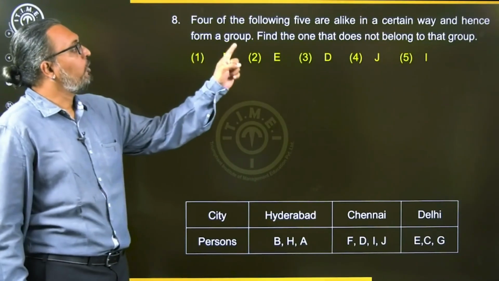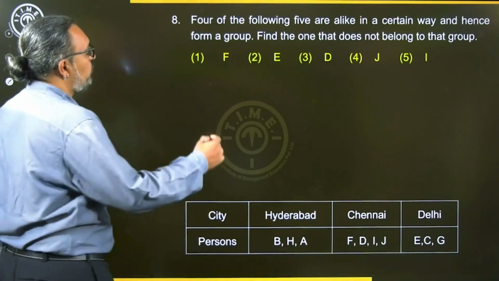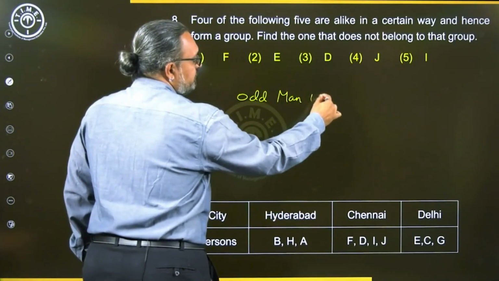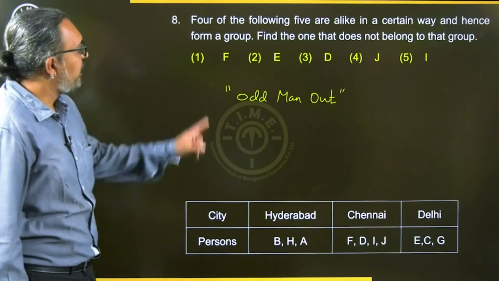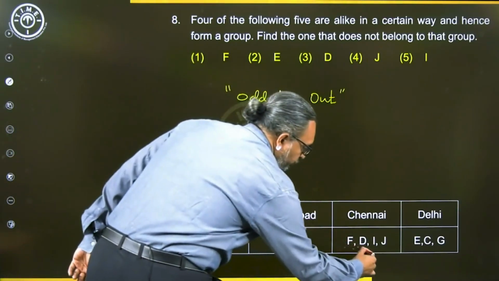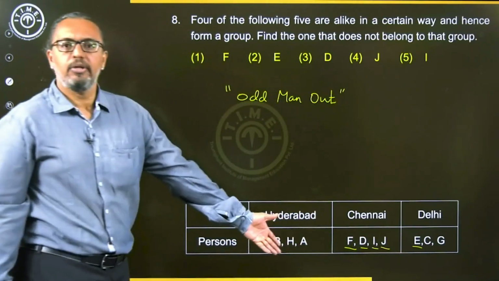Then, 4 of the following 5 are alike in a certain way and hence form a group. Find the one which does not belong to that group. So, it's again an odd man out format. Correct? Now, let's see. We have the persons F, E, D, J, I. Now, it is very clear.